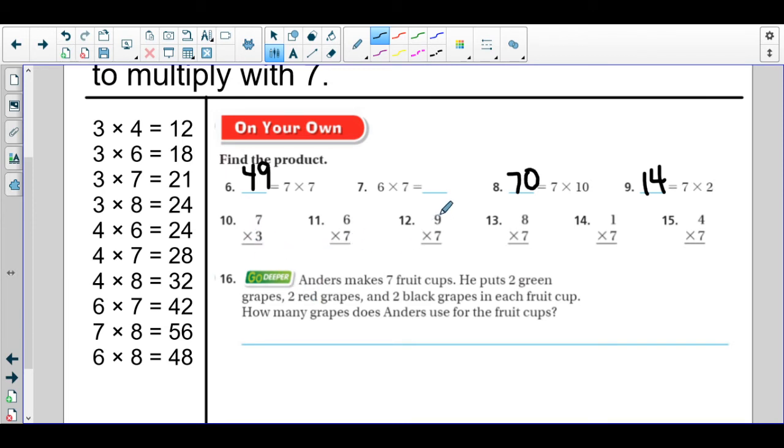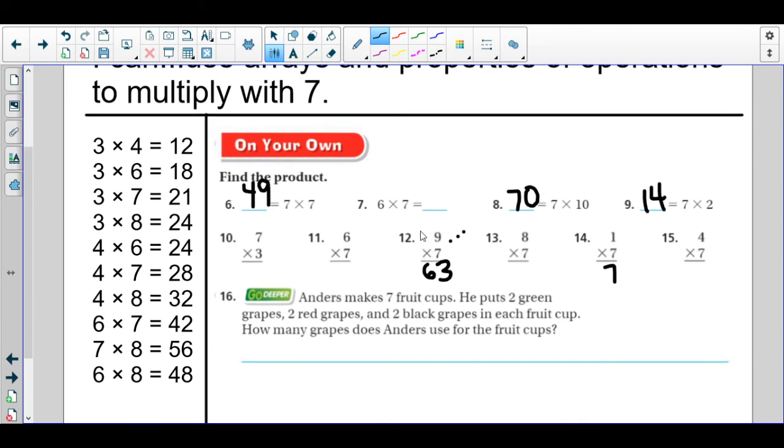This one is, though. 9 times 7, remember we just go one less for the 6, and then we count up to when we get to 9. So 6, 7, 8, 9. That's 63. 8 times 7, that's not familiar. 7 times 1, that's familiar. And 4 times 7, that's not familiar. So right off the bat, we get 5 of these taken care of.